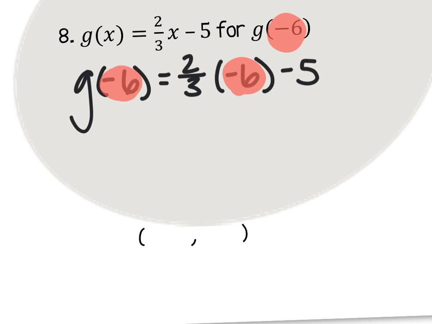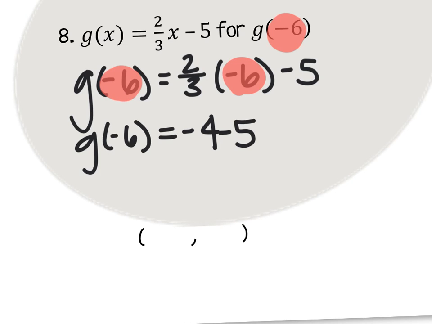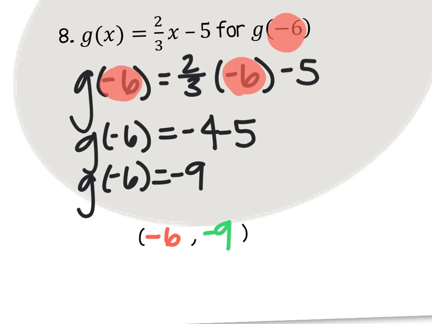So I get g of negative 6 equals, well, 2/3 times negative 6 is negative 4 minus 5. And negative 4 minus 5 is negative 9. So I know two things. I know my x value is negative 6, and I know my y value is negative 9. And that's, again, x is from the parentheses, negative 9 is what it equals.